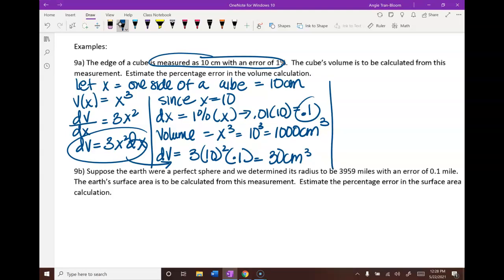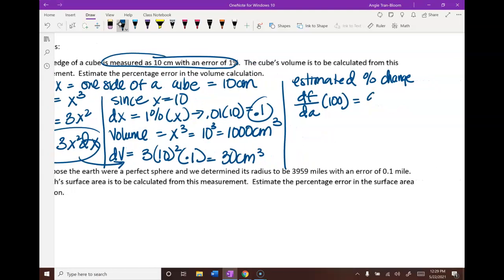Now, if you look back at your notes, I gave you guys a formula. The estimated percent change in your formula is df over f of a, and then times it by 100. Well, we don't have f or dA, we have dv, with respect to f of a, which is your volume.